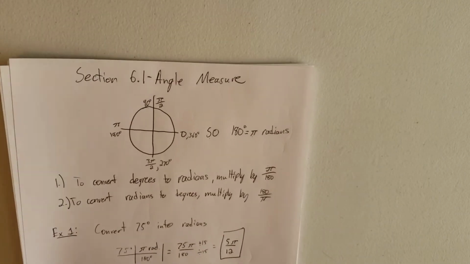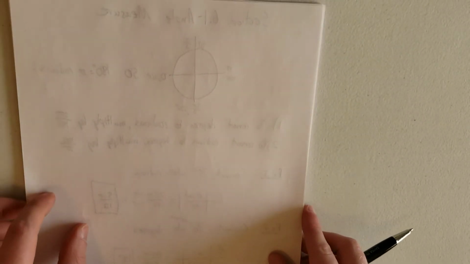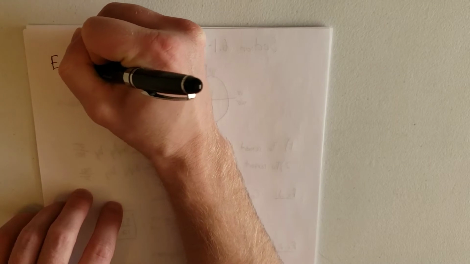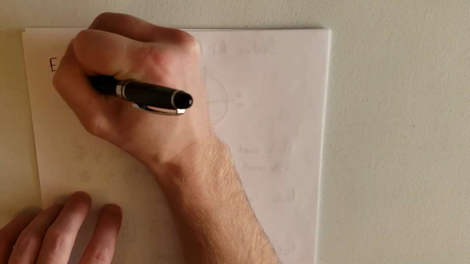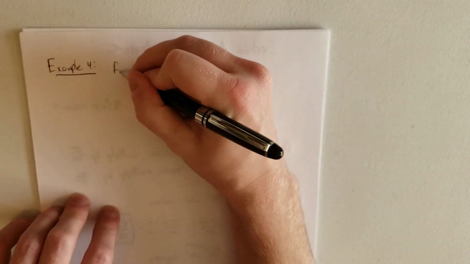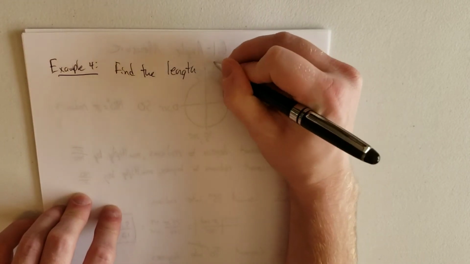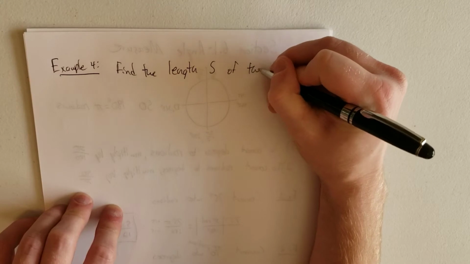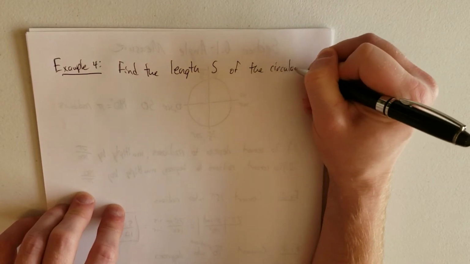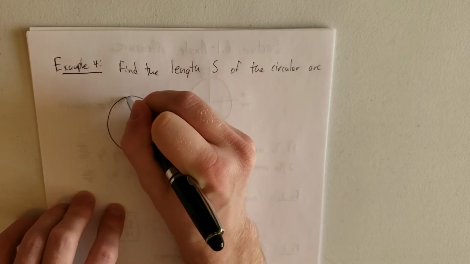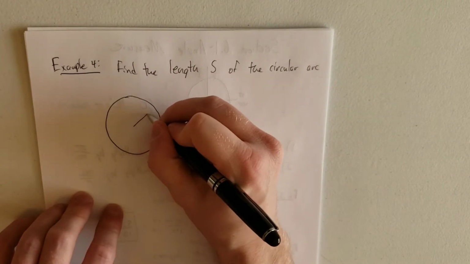There is one more question that I want to cover from this section, and that is example 4. Find the length S of the circular arc. I'll draw a picture to explain what I mean.